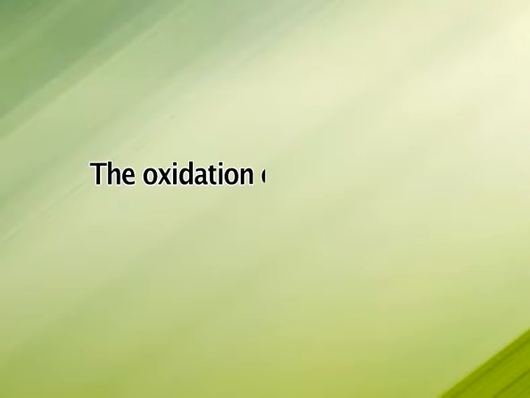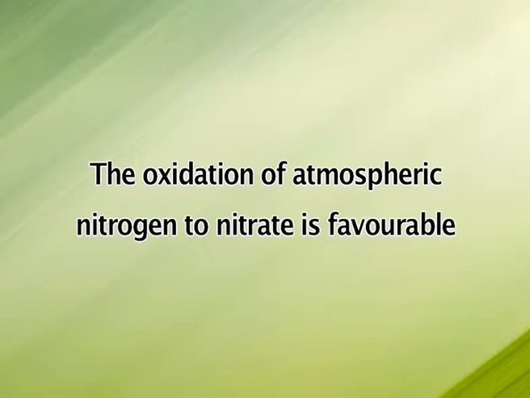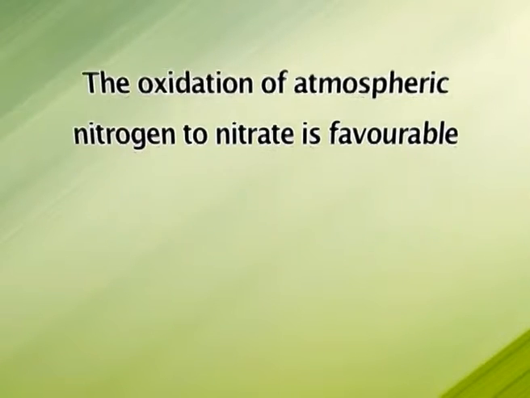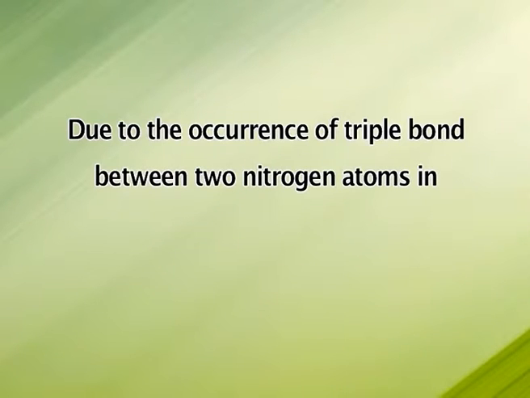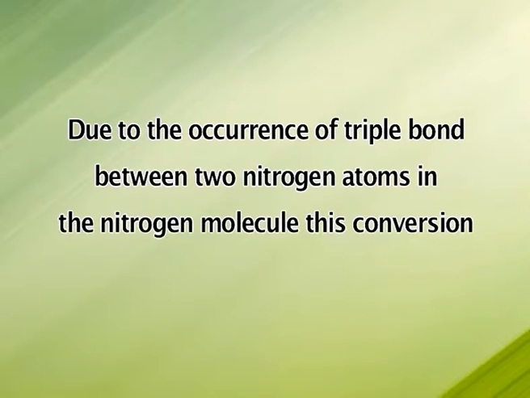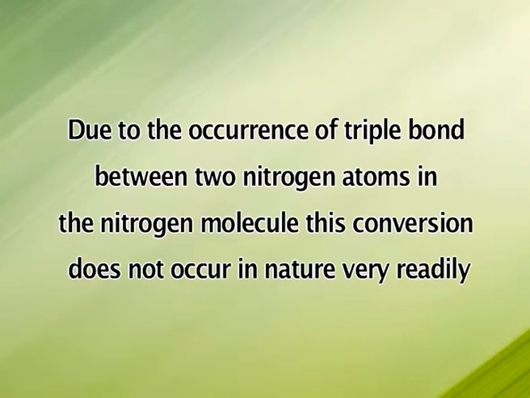Theoretically, the oxidation of atmospheric nitrogen to nitrate is favorable. However, due to the triple bond between two nitrogen atoms in a nitrogen molecule, this conversion does not occur in nature very readily.